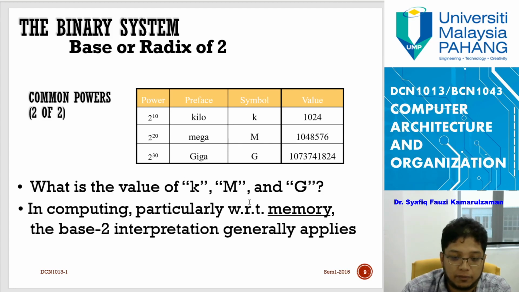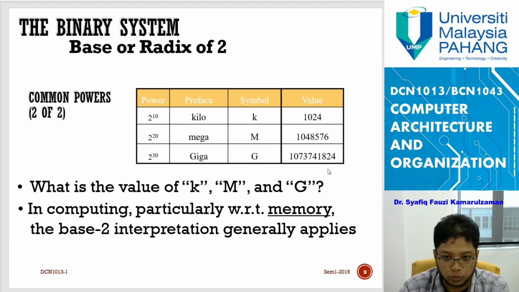That's why when you buy a hard disk of 1 GB, it actually doesn't mean that it has only 1 billion bytes. It has more than this because it is calculated based on the radix of 2. The binary is calculated based on the radix of 2.